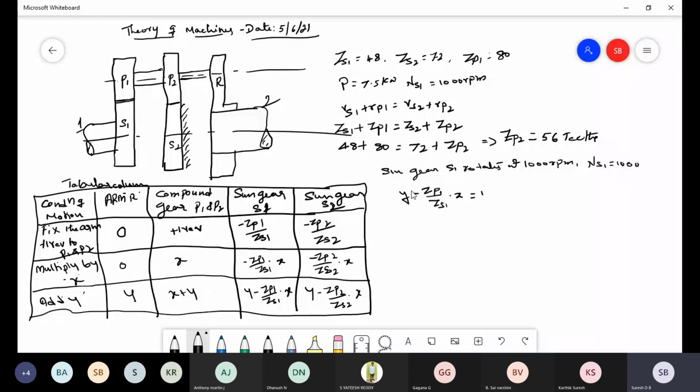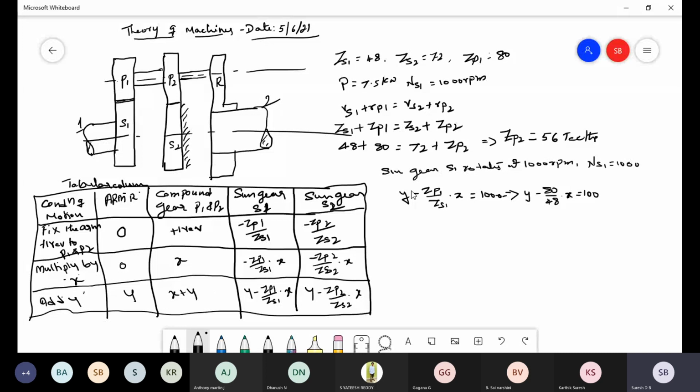So equate it to 1000 because the sun gear S1 is rotated at 1000 RPM. Here the ZP1 value and ZP2 value you know, but you don't know the X and Y values, which are very difficult to find out. So you can substitute the ZP1 and ZS1 values: Y minus ZP1 value is 80 divided by ZS1 value is 48, into X, equal to 1000.